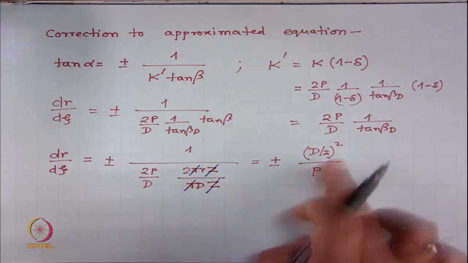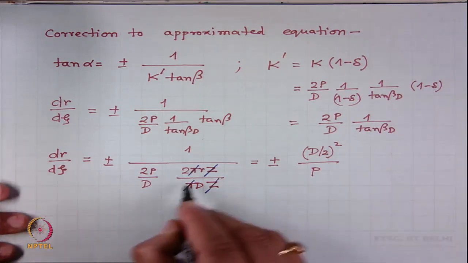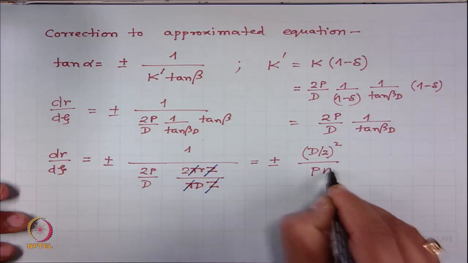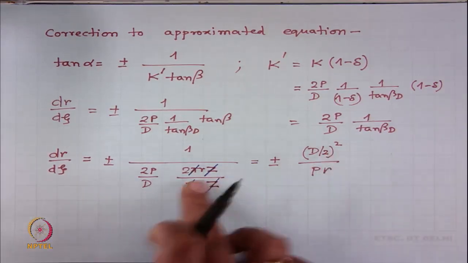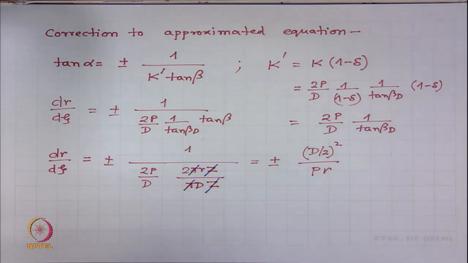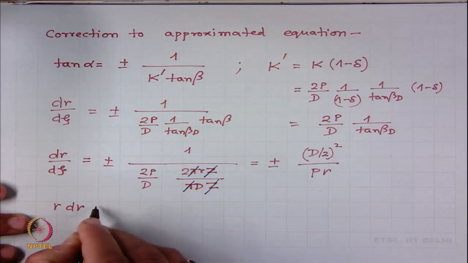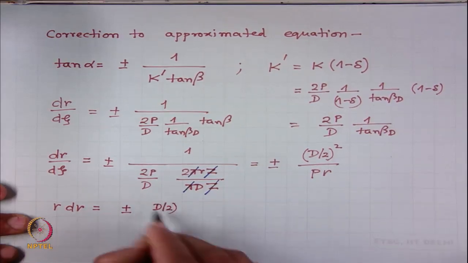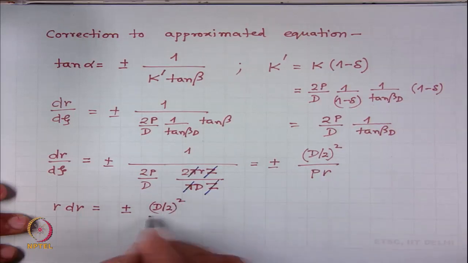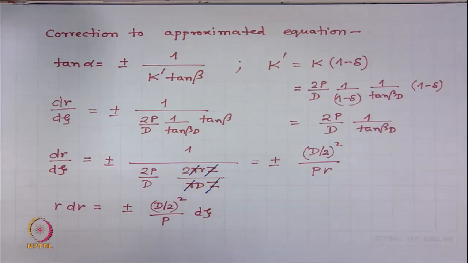So, d square by 4 p. So, yeah, then this r will be there. Yes. So, r dr is equal to plus minus d by 2 square by p into d zeta.